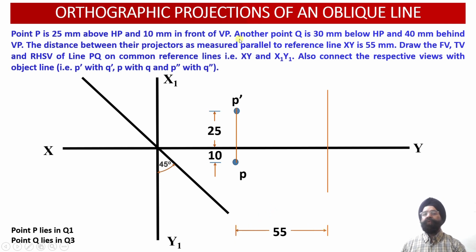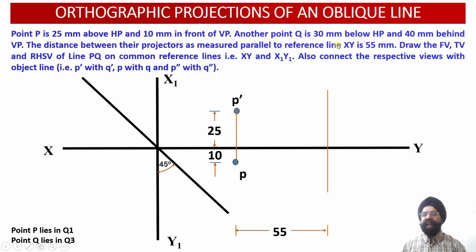Now let us work out the coordinates of the point Q with respect to the horizontal plane and the vertical plane. Looking at the coordinates of the point Q, point Q is located 30 millimeter below the horizontal plane and 40 millimeter behind the vertical plane.